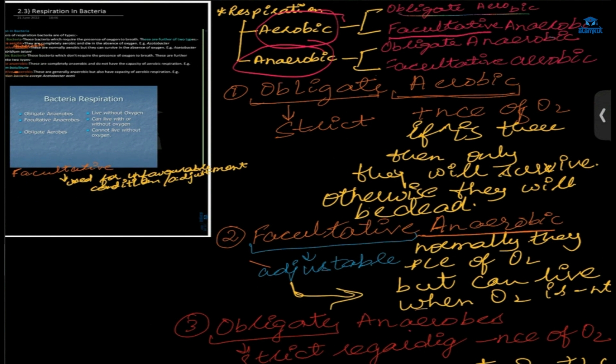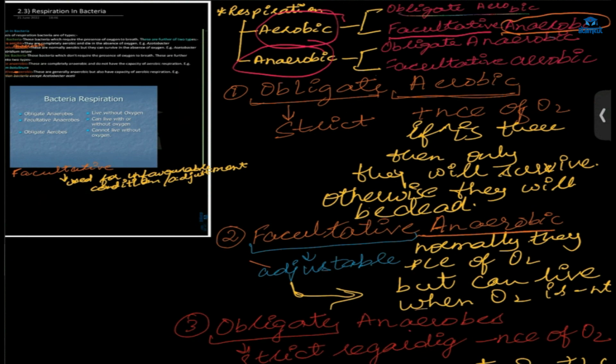Next, facultative anaerobic. Facultative meaning adjustable. That means if they are given some other condition, they can survive. What is anaerobic respiration? Ma'am, respiration without the presence of oxygen. Yes.